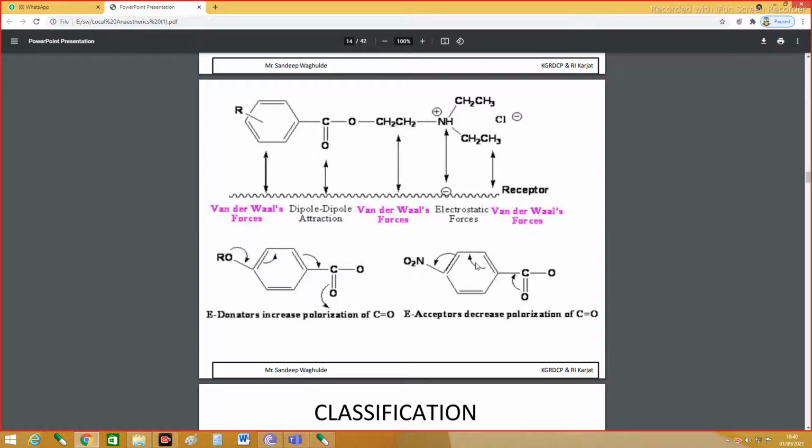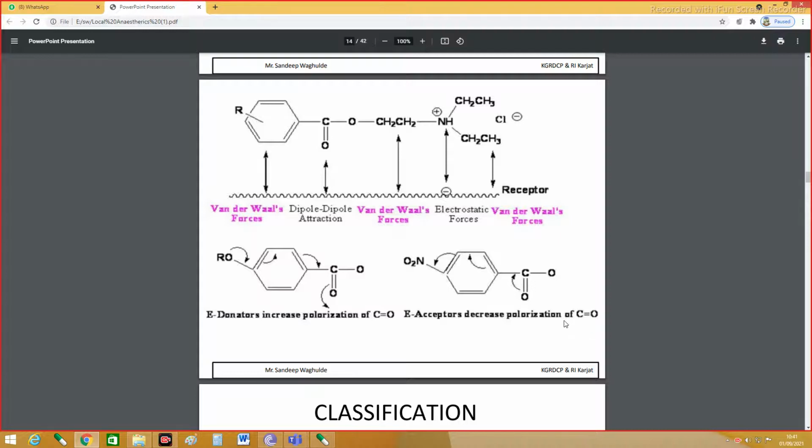As soon as it starts accepting electrons, the oxygen attached to the nearby carbonyl group will donate a lone pair of electrons towards the carbon, and the carbonyl group will remain unstable. Therefore, electron acceptors will decrease the polarization of the carbonyl group.